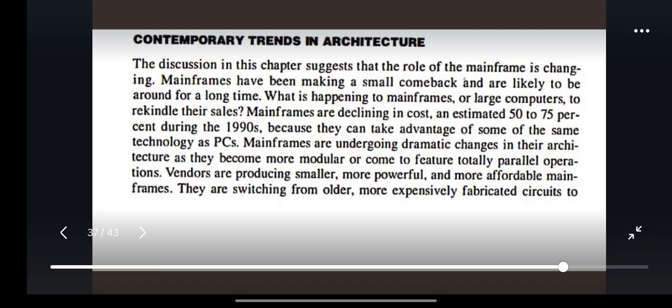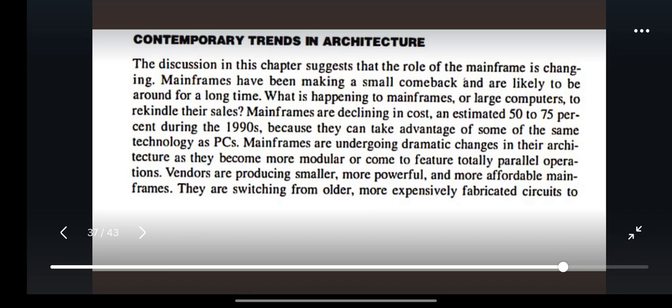Mainframes are undergoing dramatic changes in their architecture as they become more modular or come to feature totally parallel operations. Vendors are producing smaller, more powerful, and more affordable mainframes.